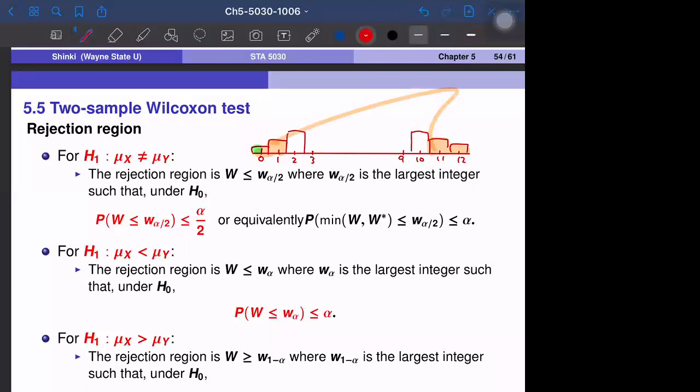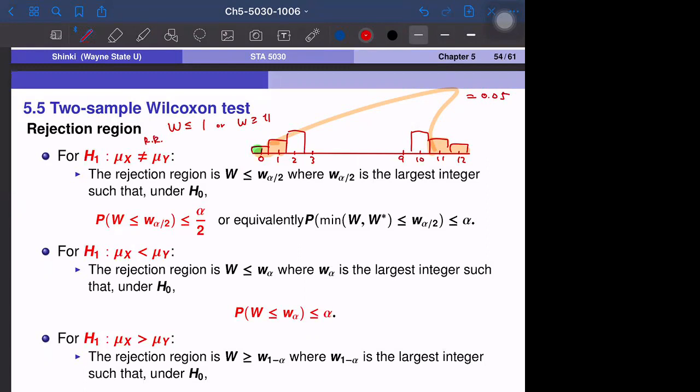If this area is 0.05, then the rejection region is W smaller than 1 or W larger than 11. So this is the rejection region for the 5% significance level.